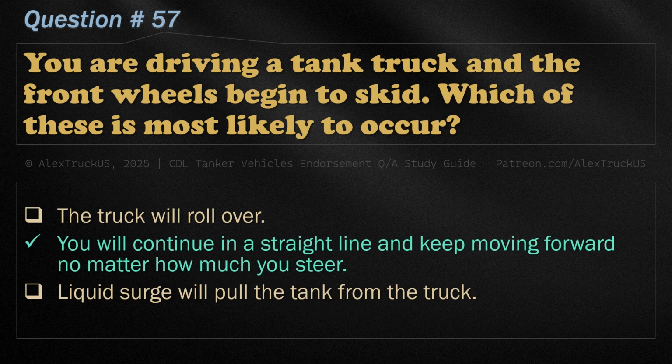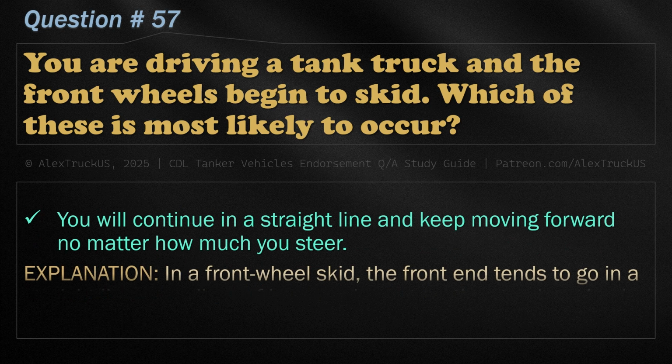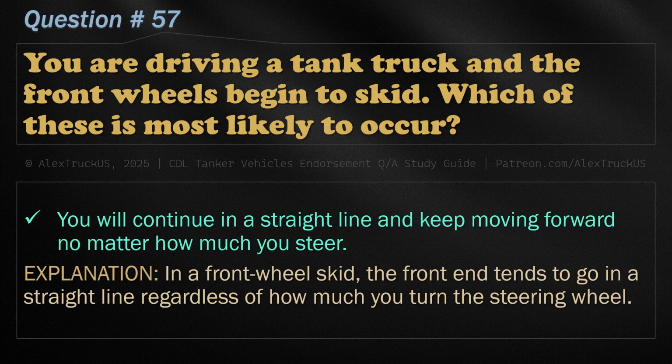Correct answer is: you will continue in a straight line and keep moving forward no matter how much you steer. In a front wheel skid, the front end tends to go in a straight line regardless of how much you turn the steering wheel.